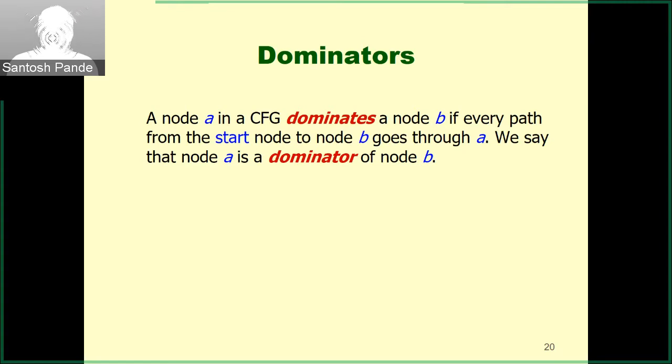A acts like a gatekeeper for B. That's a very simple intuitive way to look at it, because from the start node, there's no way I can go to this node B without ever crossing A. And that makes this particular region secured through an entry point A. That's when we say that A dominates B. So A is a dominator of node B.